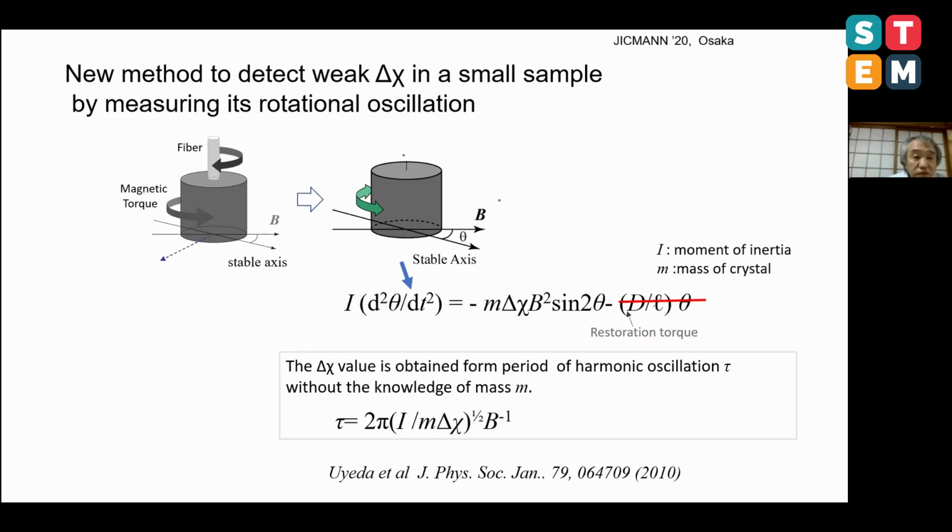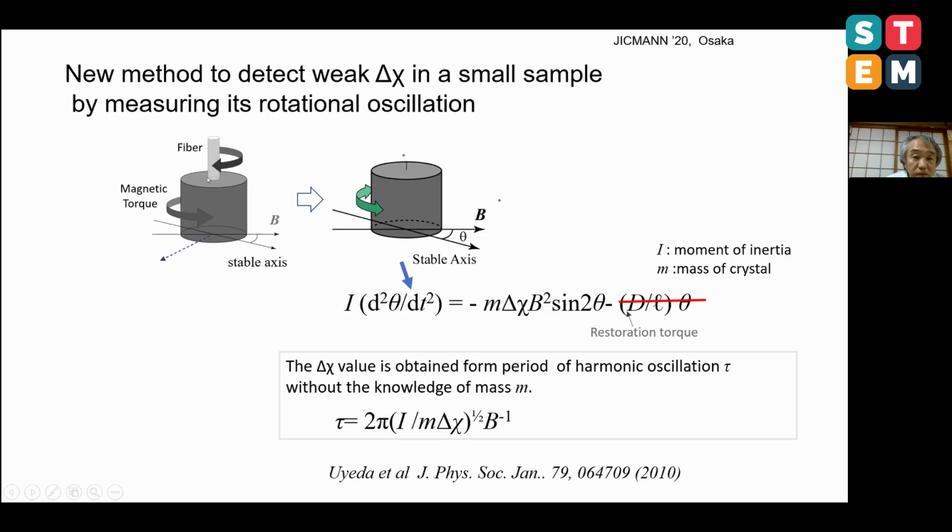And in a conventional method of measuring delta chi, we suspend the single crystal sample with a rigid fiber, and apply a magnetic field, and the stable axis will tend to rotate towards the magnetic field, but then it balances with the restoration torque of the fiber.